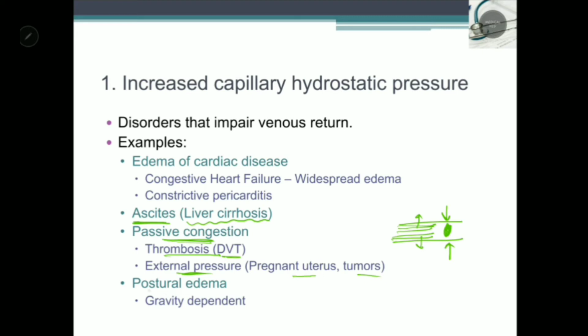This may also be due to postural edema, which is gravity dependent. Say a person stands for a very long time, so he is very likely to see edema in his legs. If a person is bedridden, his pelvic region is more prone to edema.